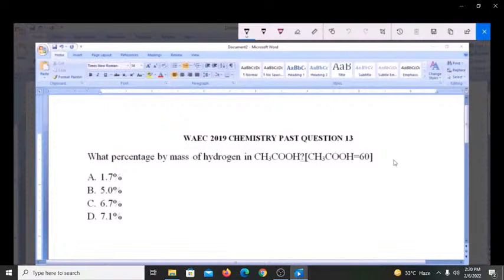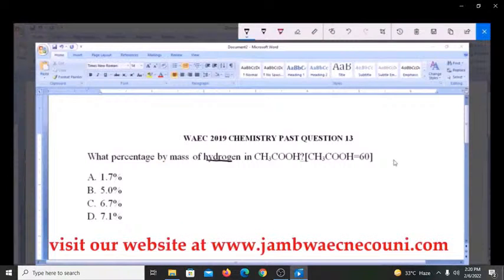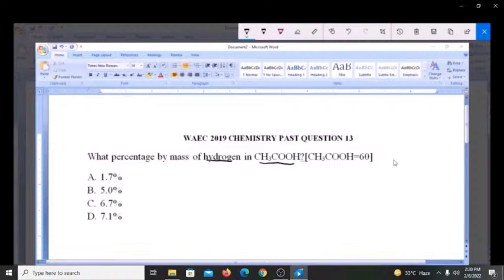Now, in order to solve this question, you need to first find the total mass of the element you are looking for. You have to first of all find the total mass of hydrogen and divide it by the molar mass of this compound. So in this compound you have 3 atoms of hydrogen plus 1, that is 4 atoms of hydrogen.